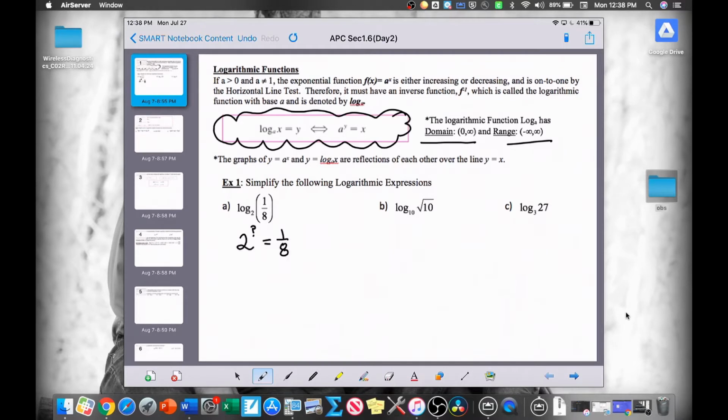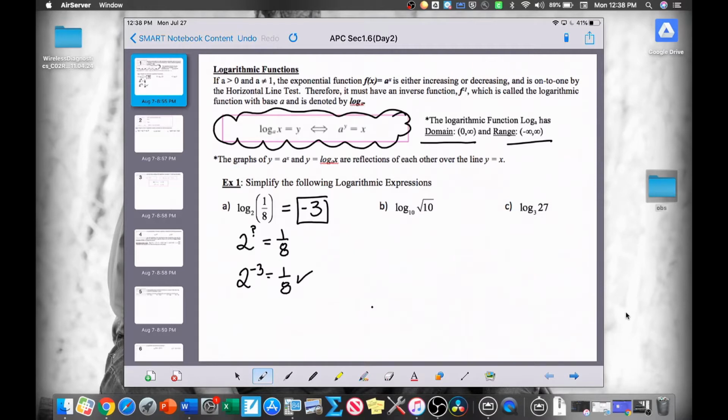Well, hopefully if you think about it that way, it becomes easier because we know that numbers to powers become fractions when the exponent or the power is negative. So 2 to what power is 8? That is 3. That means that our exponent here, or what this expression is equal to, would have to be -3 because 2 to the -3 power equals 1/8.